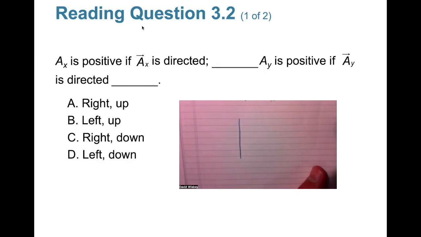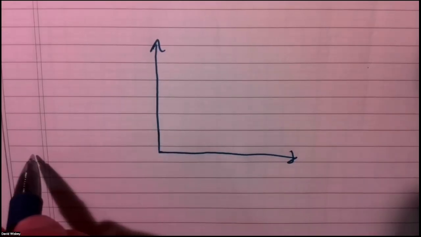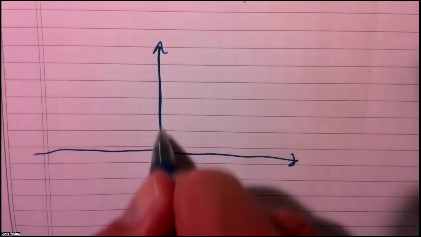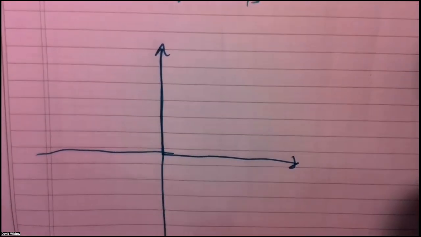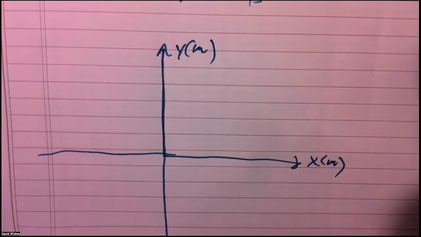So here's our axis, this is y, and this way is x. So this way is x, it's in meters, and this way is y, it's also in meters.